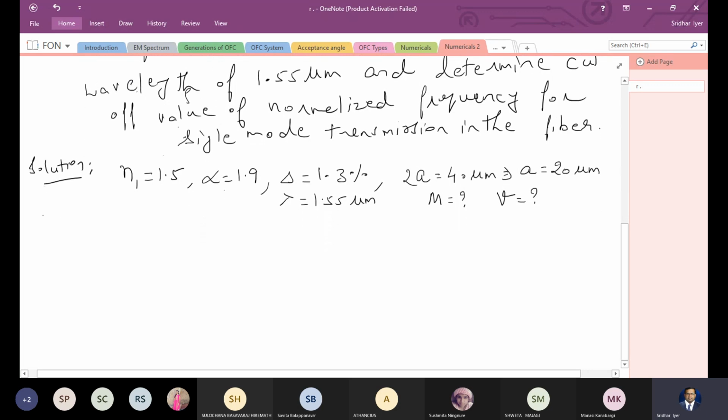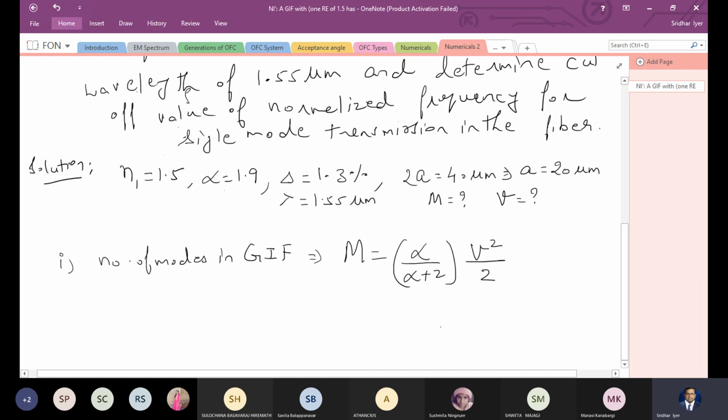Right now, let's first see how we can calculate the number of modes. Now, for number of modes in graded index fiber, this is defined as M equals alpha by alpha plus 2 into V squared by 2.